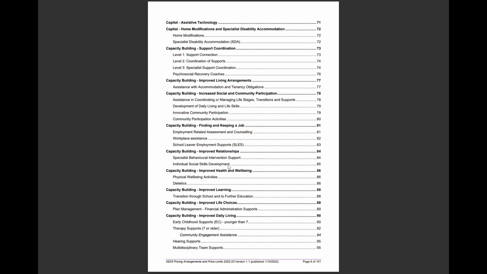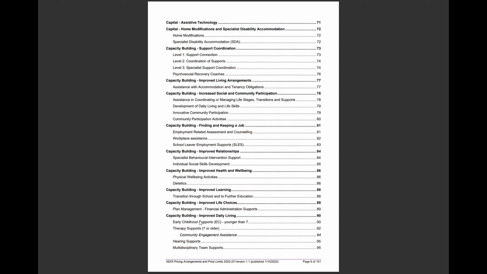Improve relationships, so this is a category for people who require perhaps behaviour support. Improved health and well-being, improved learning, improved life choices. So improved life choices is the category that covers plan management in people's plans, if someone has requested that way to manage their funding.